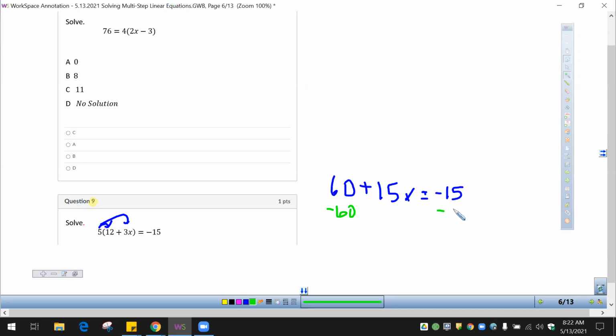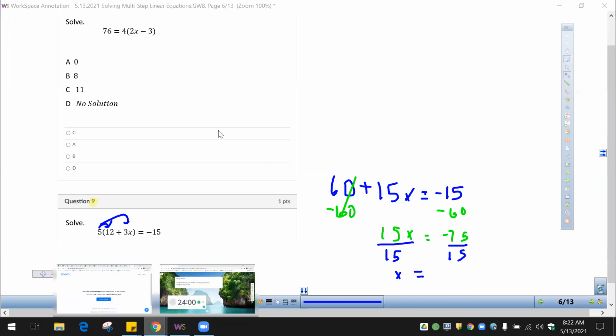This goes away. Bring down the 15x minus negative 75. And you would divide both sides by 15. All right, so you get x is equal to, I think that's negative.